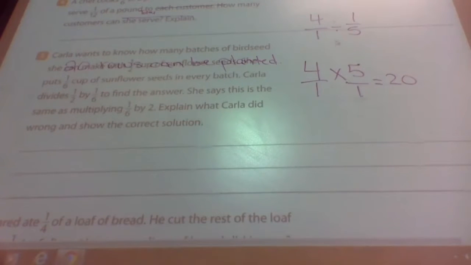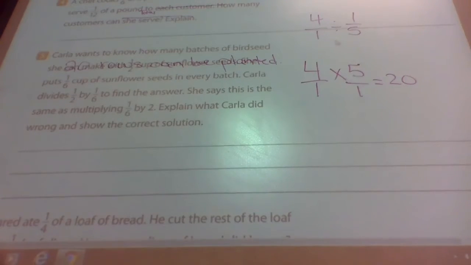Turn to page 72. Page 72. All right. On page 72.